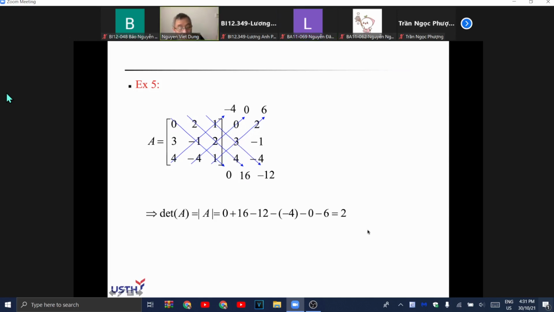So that is a practical way to compute the determinant of a 3 by 3 matrix. I don't know if we can find a practical way to compute the determinant for a 4 by 4 matrix. I don't know. Please, if you can find one, you can show your friends.